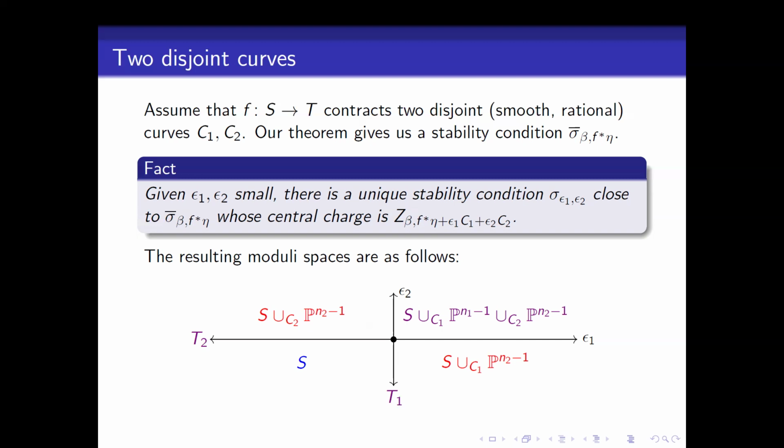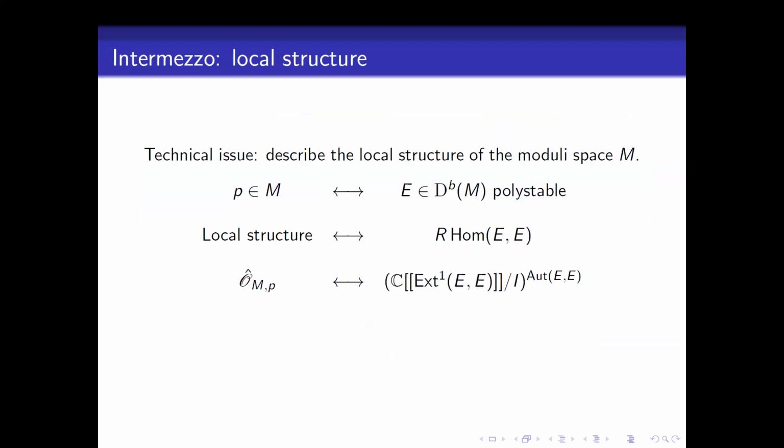And they have this result in terms of objects, like they show that the space has to be in bijection with T1 or T2 or T, but the big issue that happens is trying to understand the local structure of this moduli space.